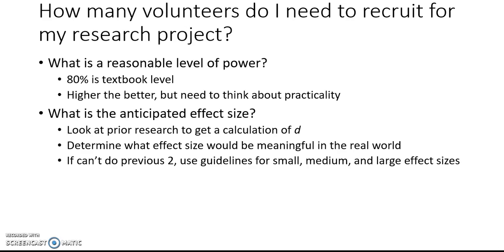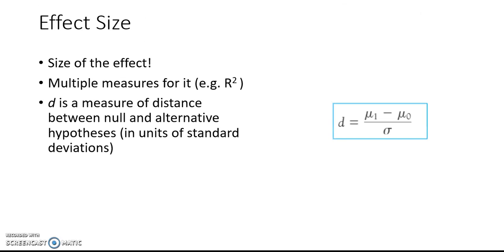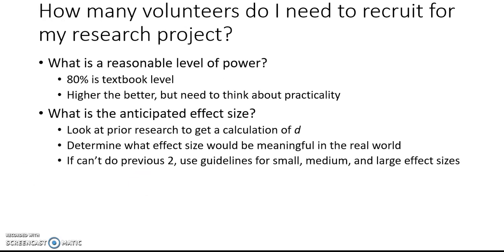So hopefully you can look at some prior research to get an actual calculation of d, and you'd just substitute sample means and sample standard deviations for these numbers in this formula to get an estimate for d. It won't be the true d, but you can get an estimate from prior research.